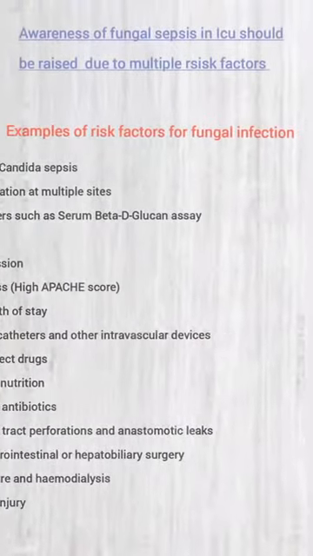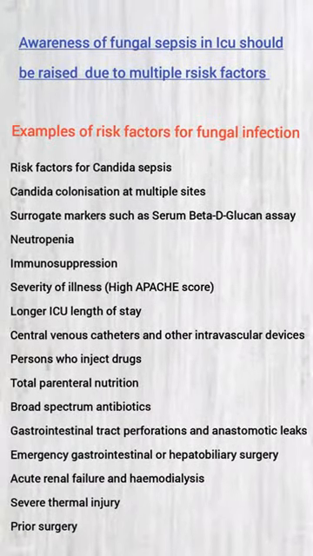Awareness of fungal sepsis in the ICU should be raised due to multiple risk factors, for example, candida colonization at multiple sites, neutropenia and immunosuppression, severity of illness according to APACHE score, and longer stay in the ICU.